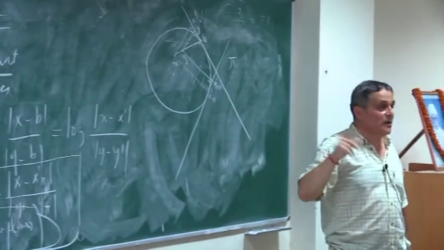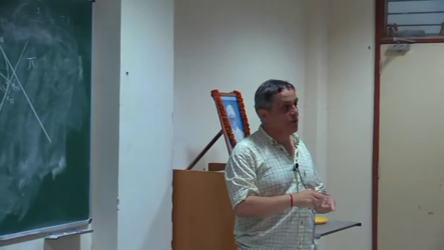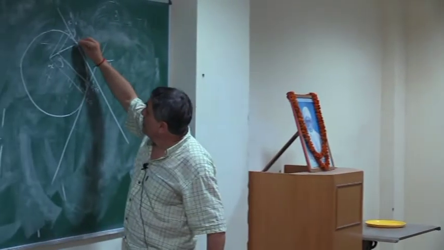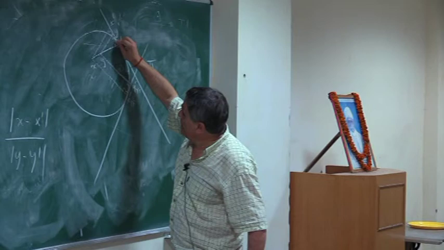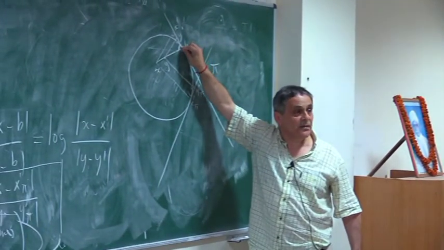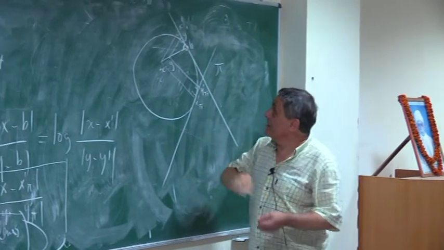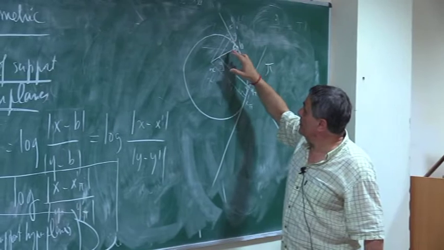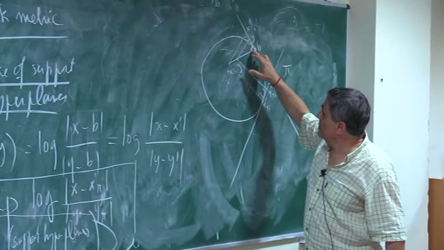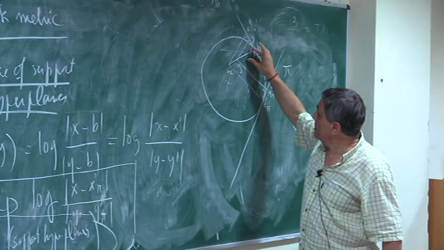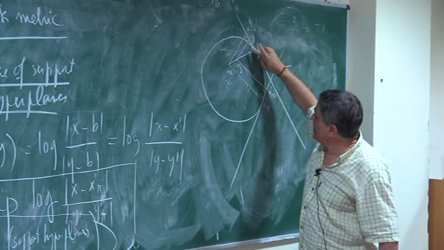But from one of the formulas I showed you, namely the formula for the sine of this angle, it tells you that, here we have right triangles. There's a similarity.